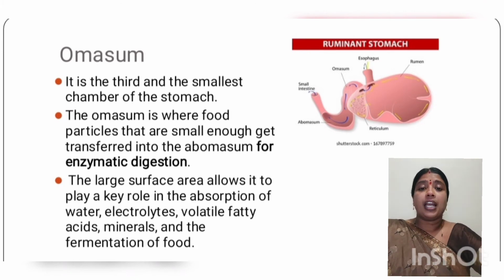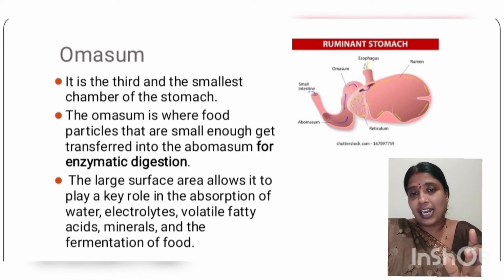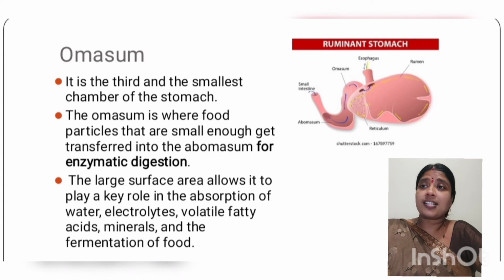that is, from reticulum to omasum. Now omasum is the third and the smallest chamber of the stomach. Which one was the largest chamber? The first chamber. Okay, rumen was the first and the largest chamber, and this omasum is the third and the smallest chamber of the stomach.